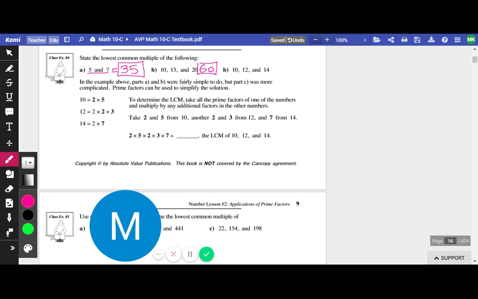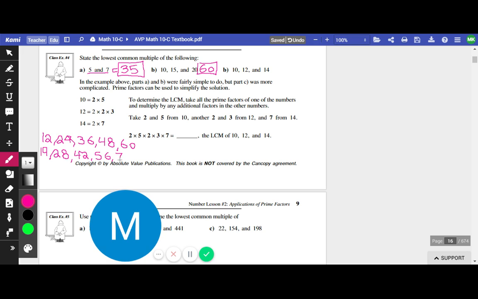Whoa, what did that just do? 12, 24, 36, 48, 60. And I hope that's going to work. 14, 28, 42, 56.